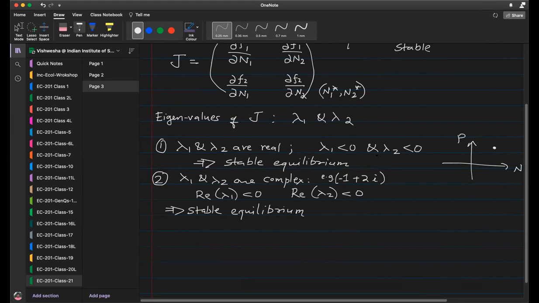If for this equilibrium both eigenvalues are real and both negative, then the trajectories will look like this. The perturbation you make will go like this. On the other hand, for case 2, they will go like this.